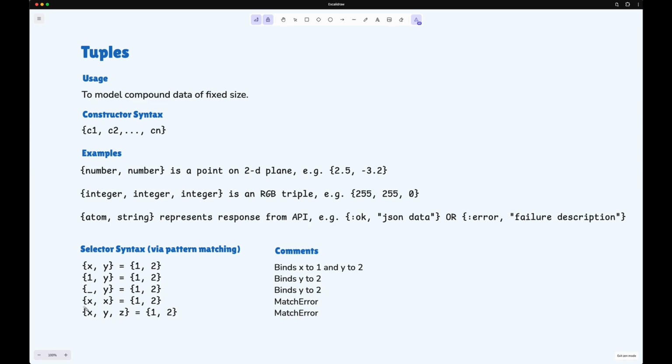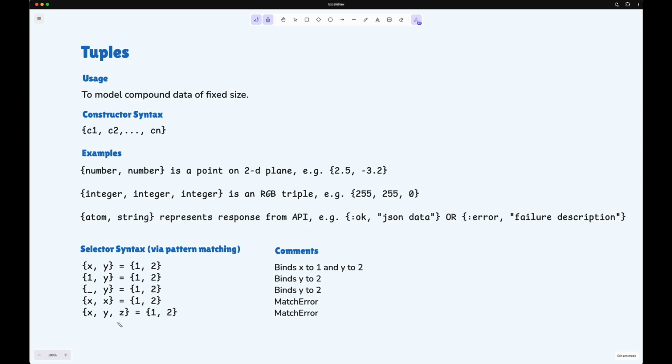The fourth example says that we will match any 2-component tuple as long as the two values are exactly the same, because both variables have the same name x. This particular case will result in a match error because the right hand side is a 2-component tuple, but the two values are different.